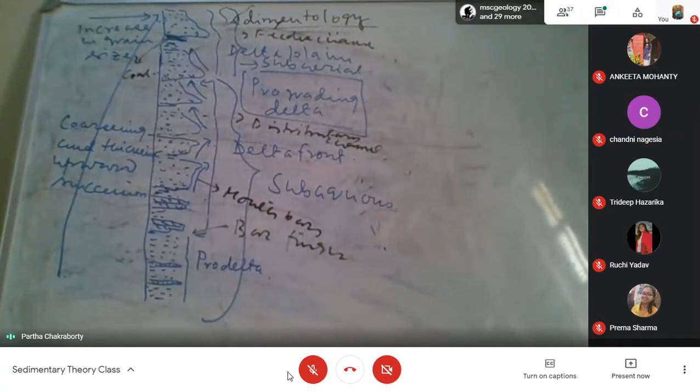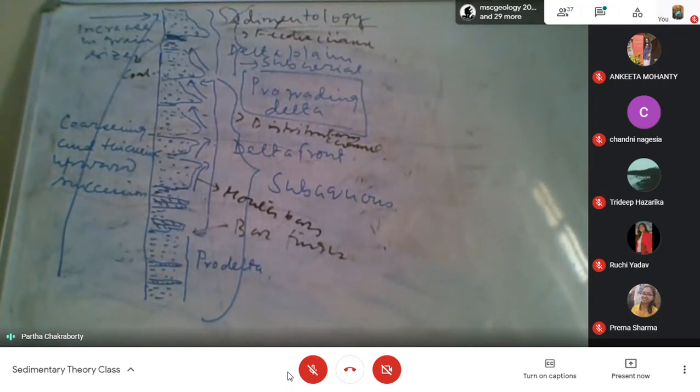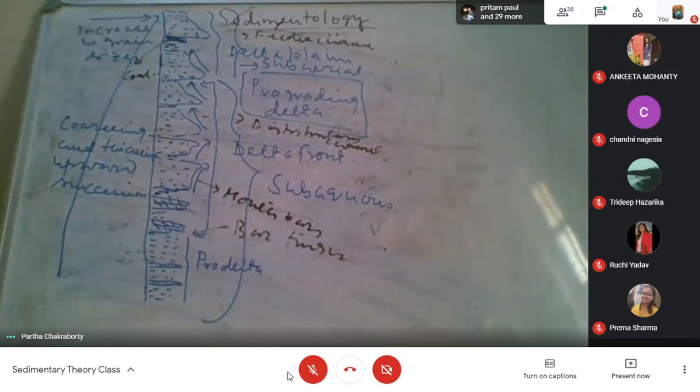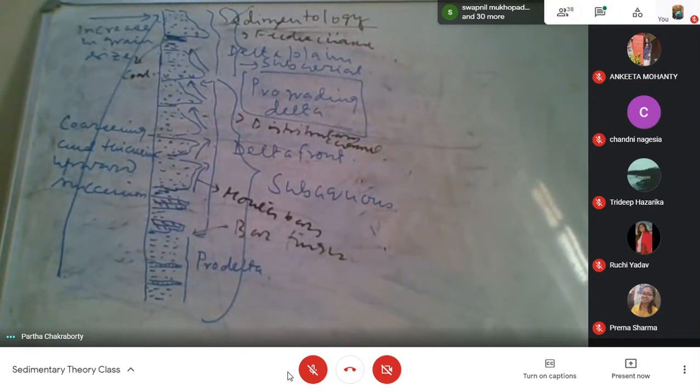This typical pattern, a marine system giving way to a continental system, from the subaqueous to the subaerial, characterizes a delta. Now, there are typical products of the channel and mouth bar, which are very typical of a delta. So channel and mouth bar are very important.